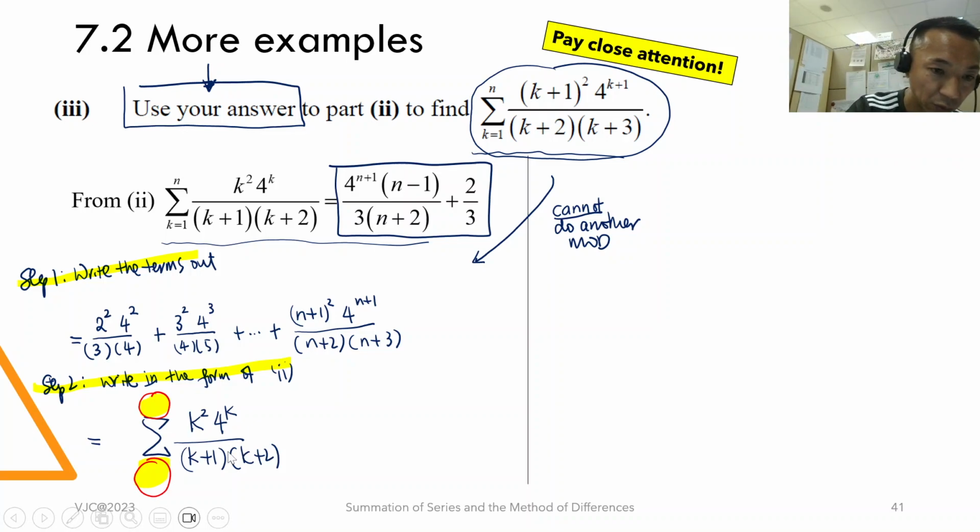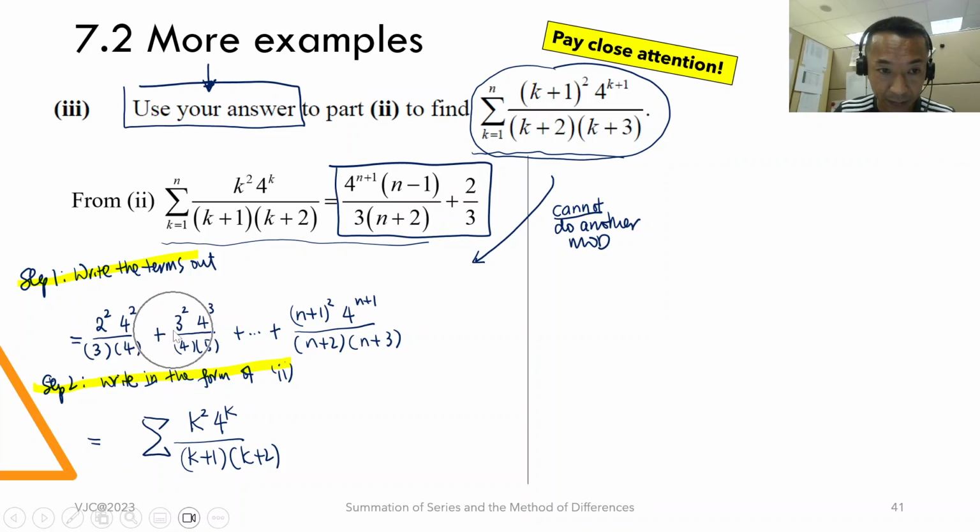Okay. Next, I'm going to do that. So how do I do that? It's not that difficult. We already wrote out the terms here, and we already suspect, in fact, I'm pretty sure this whole thing can be expressed in terms of this. That means this one, not this summation. It's this summation, right? Then we test.